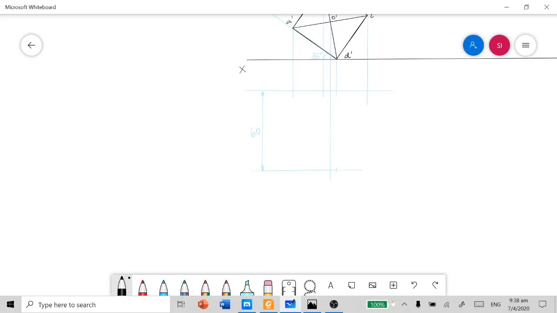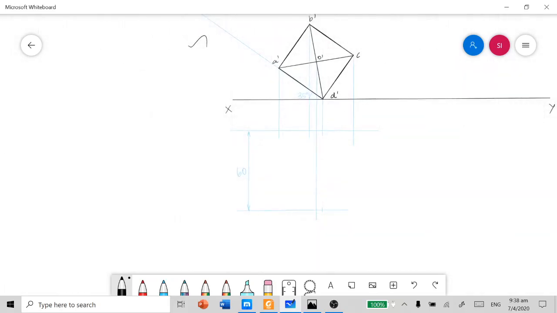Let me mark the various points here, and this point is A, and here B, D, and C, and finally here O.